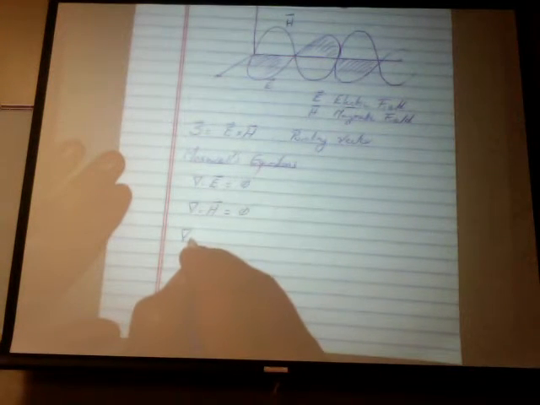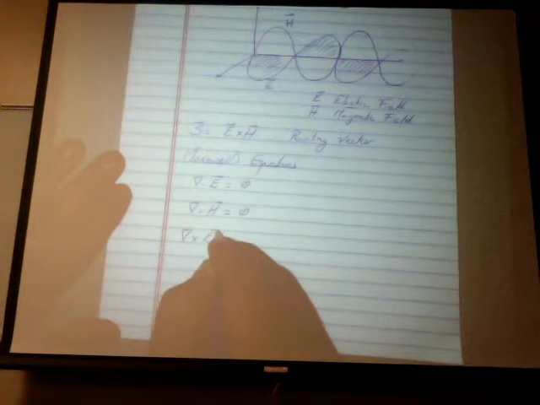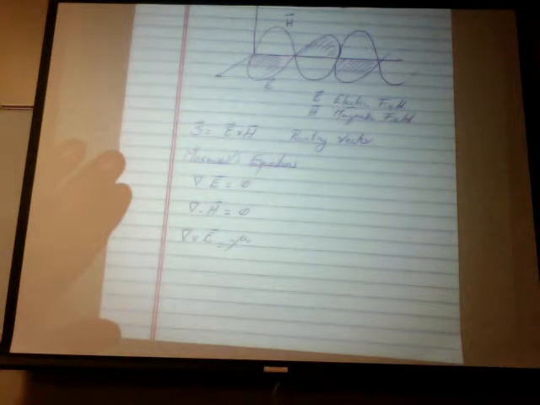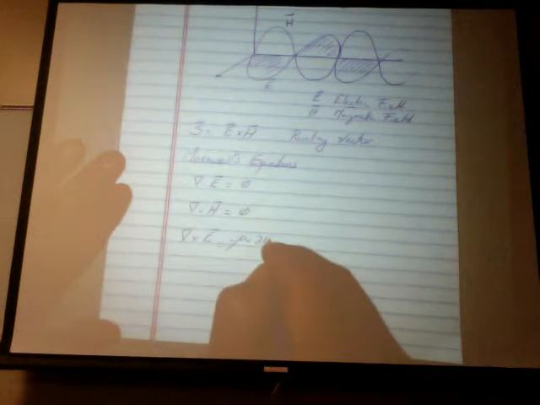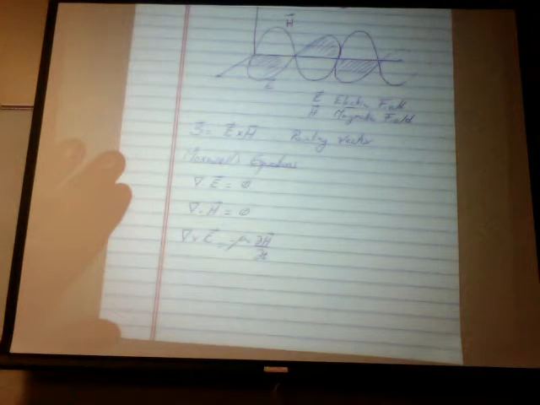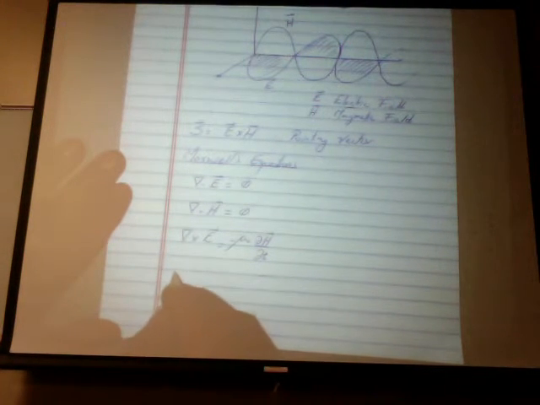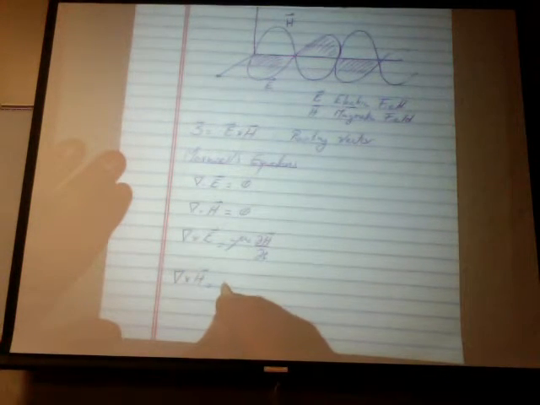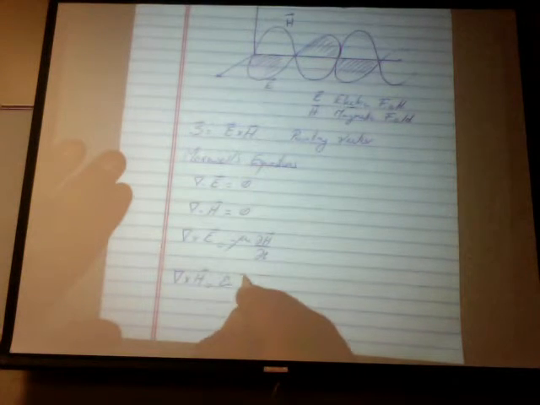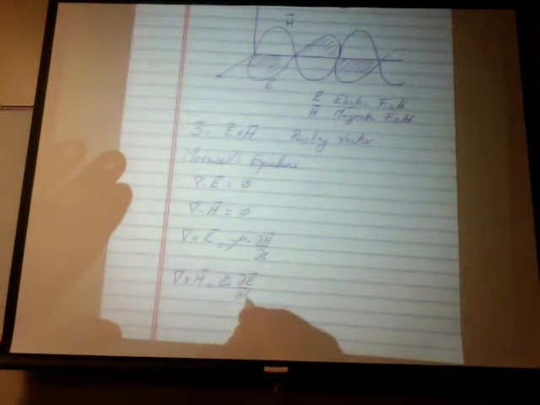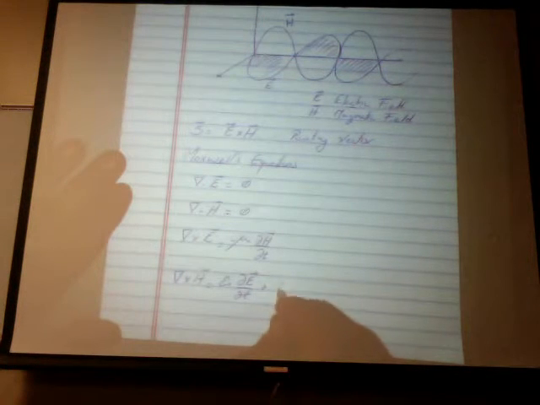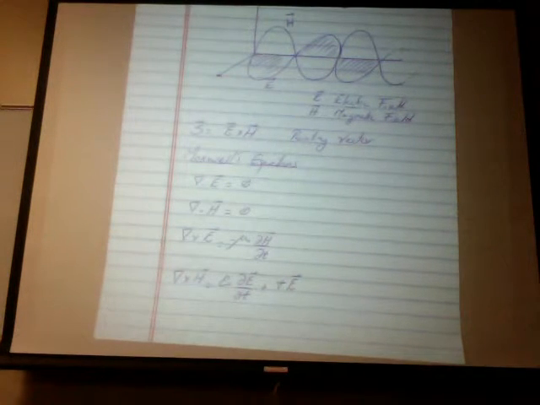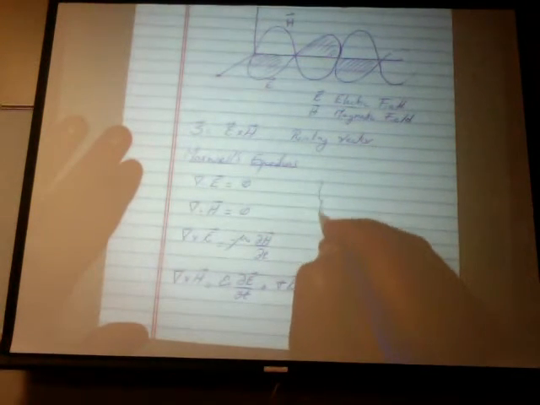It states that the curl of the electric field is not 0, but is equal to minus mu 0 times dH/dt, and the curl of the magnetic field is equal to epsilon 0 dE/dt plus sigma times E.